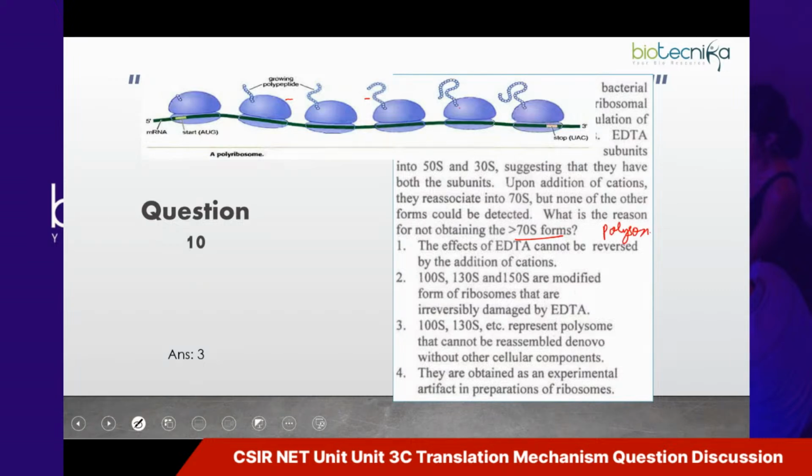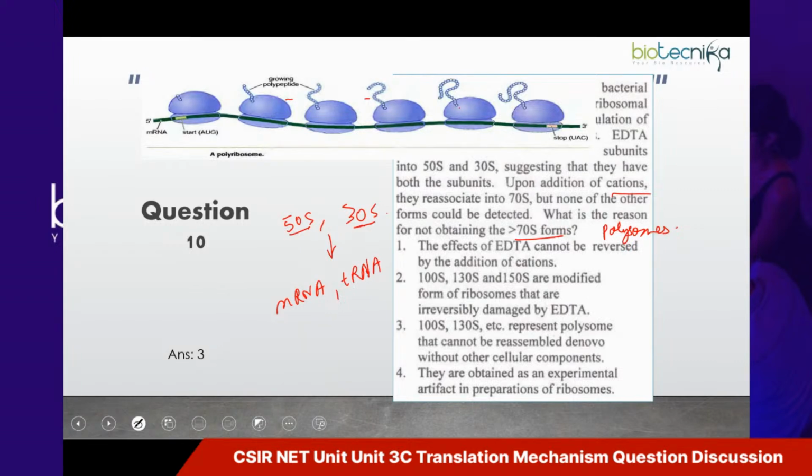Now, when you are giving them cation, why are the 30S and 50S not forming polysome again? Because for polysome formation, just bringing the subunits is not enough. You need the other components also. You need the mRNA, you need the charged tRNA or the aminoacyl tRNA, and for loading them you also need the various translation factors.